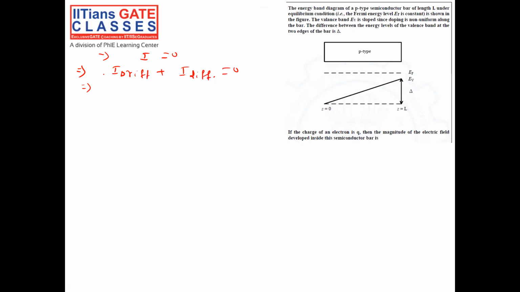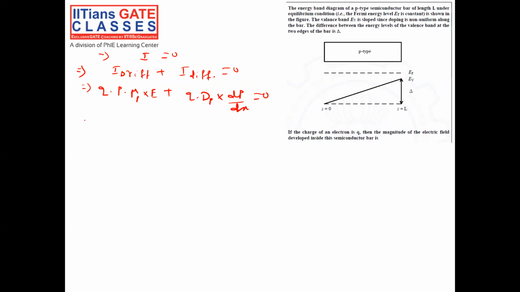Okay, this implies, what is the current, guys? Current is nothing but charge times concentration of holes times the mobility of holes times the electric field, plus charge times diffusion constant times concentration gradient is equal to 0.